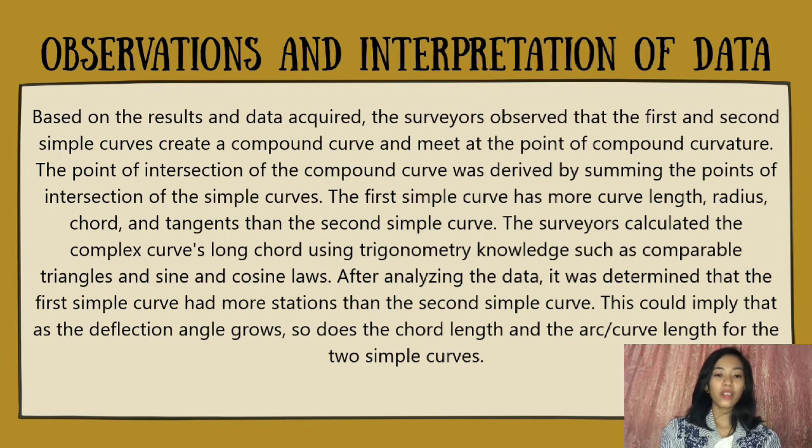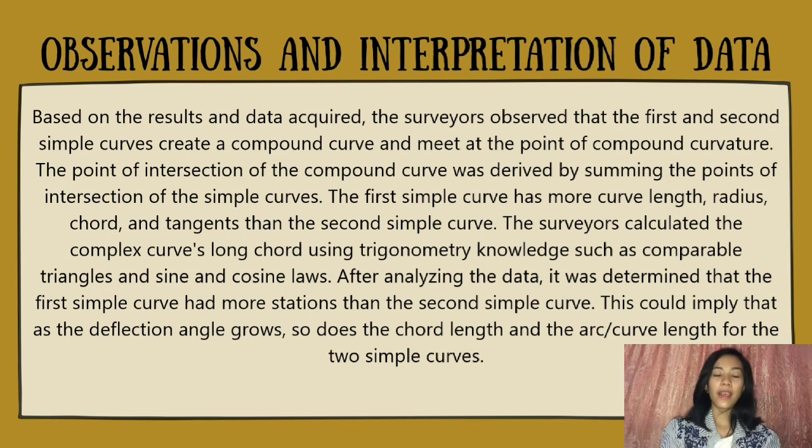The surveyors calculated the compound curve's long chord using trigonometry knowledge such as similar triangles and the sine and cosine laws. After analyzing the data, it was determined that the first simple curve had more stations than the second simple curve. This could imply that as the deflection angle grows, so does the chord length and the arc or curve length for the two simple curves.